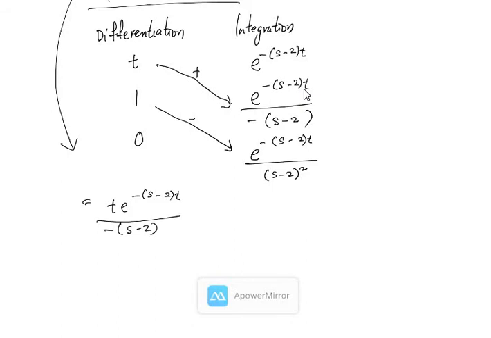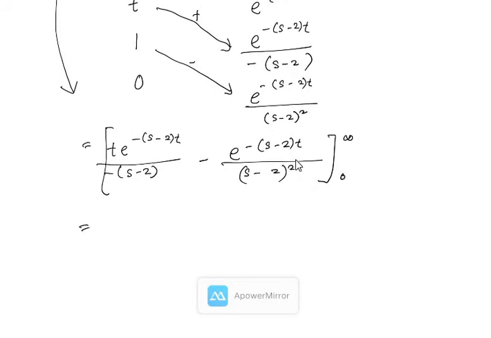This means that this one will multiply with this one, minus this one multiply with this one. So minus e^(-(s-2)t) over (s-2) squared. The limit is from 0 to infinity. So when I substitute t with infinity, I will have e to the negative infinity, I will get 0. And same here, e to the negative infinity, I also get 0.